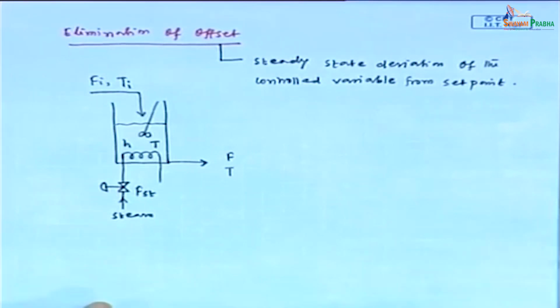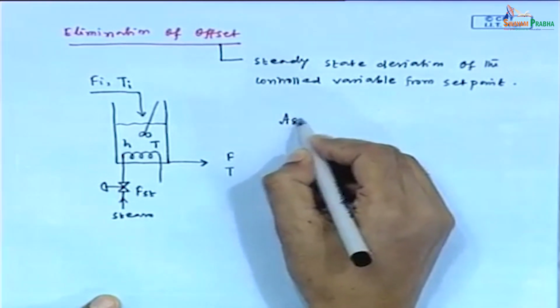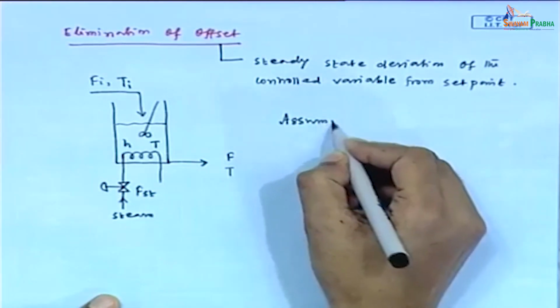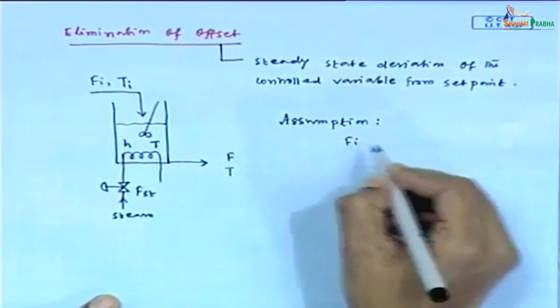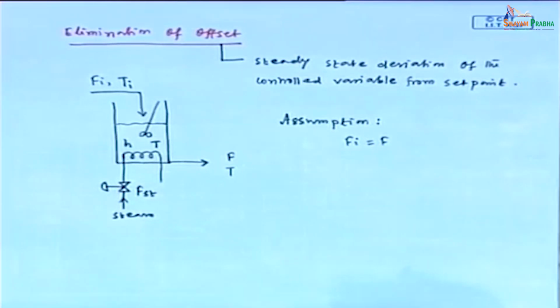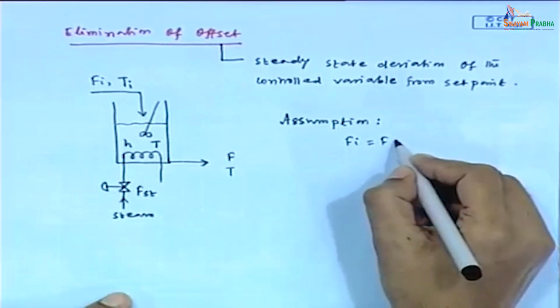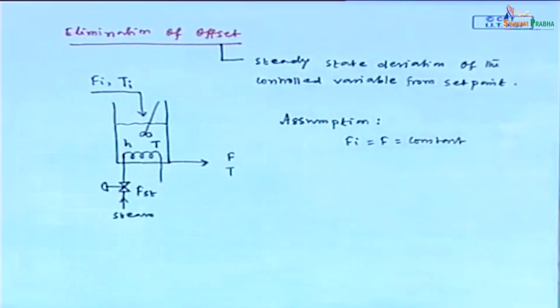Now, we are assuming here that the inlet and outlet flow rates are identical, and both are constants.